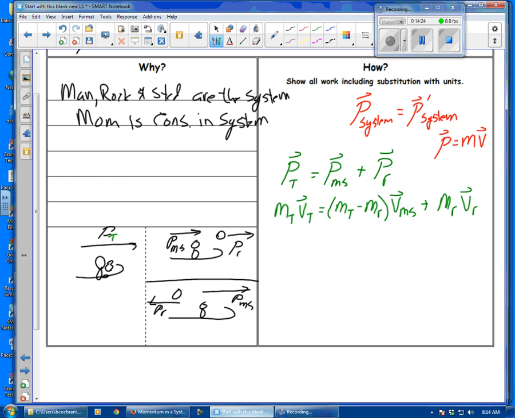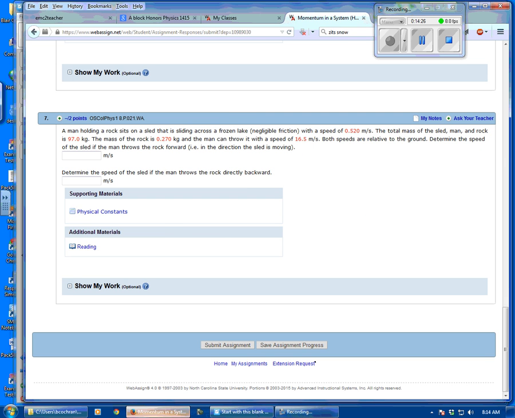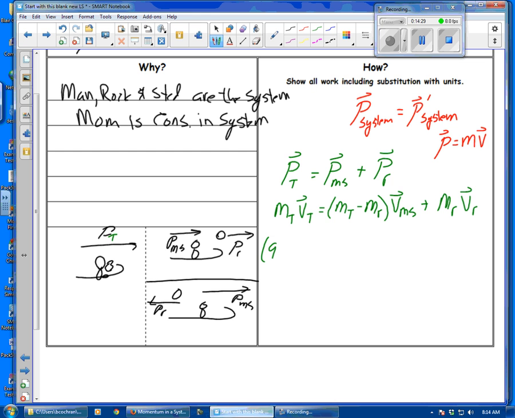So, what they tell me the mass total is 97 kilograms.